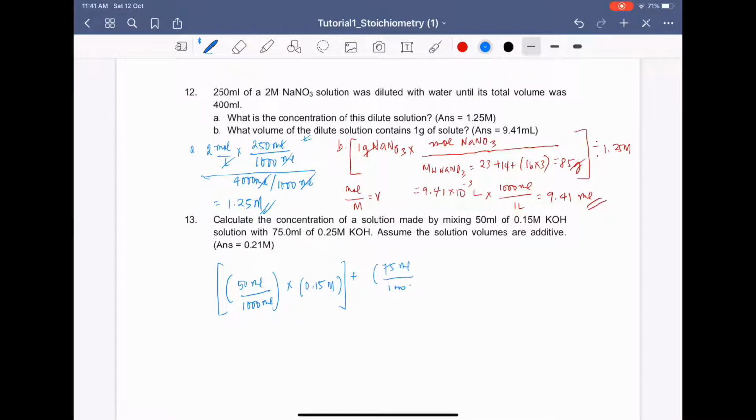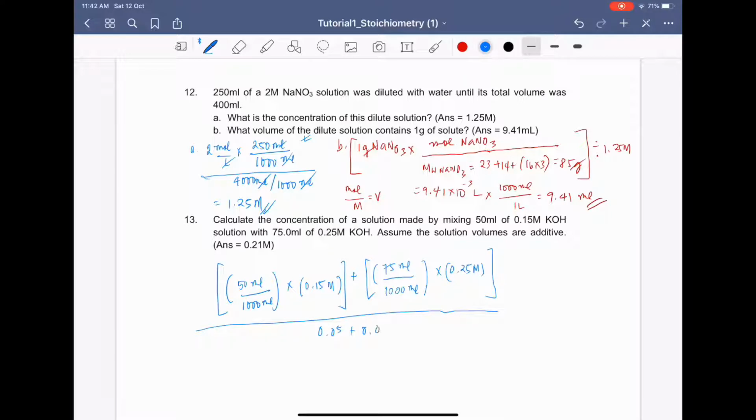So first, convert 50 ml to its equivalent in liter, and then multiply by 0.15 molar to get the moles. And then let's do the second one, which is 75 over 1000 ml to convert that into its liter equivalent. And then let's multiply by 0.25 mole per liter to cancel out the liter, and then we have mole already. So we just add both.